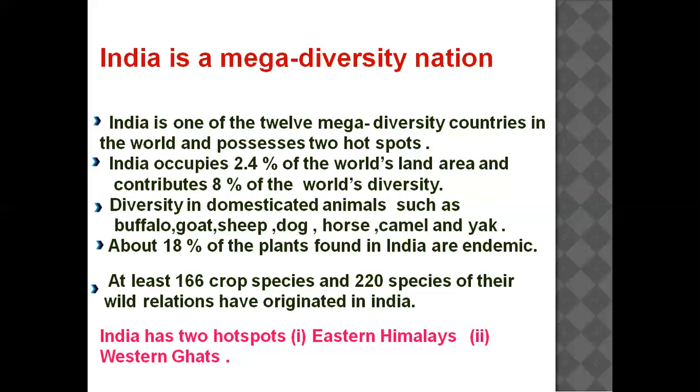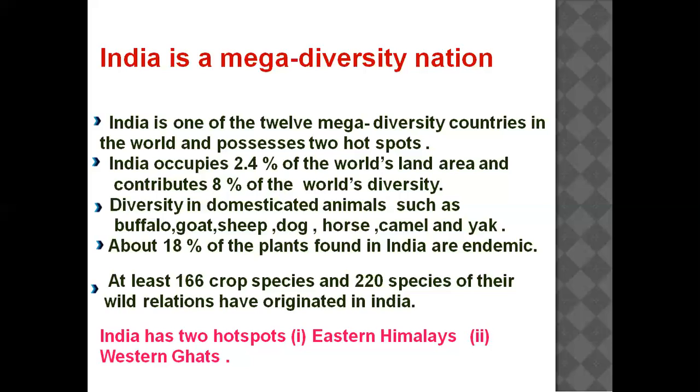India has also developed cultivation through agriculture. As we have civilized, we have developed many crop species. We now have 166 crop species and 220 species of wild relatives.